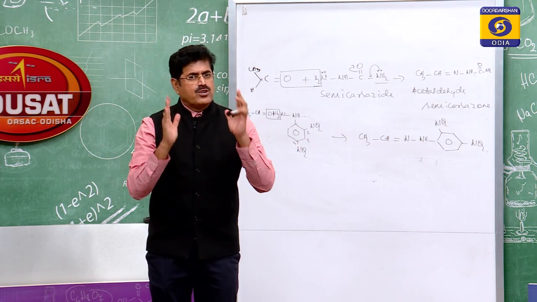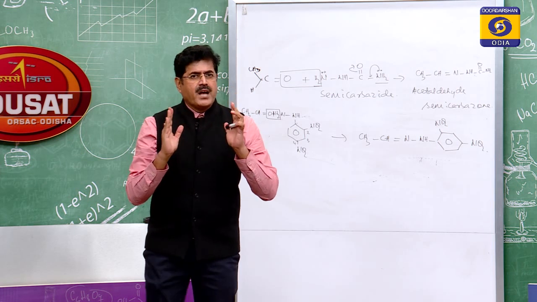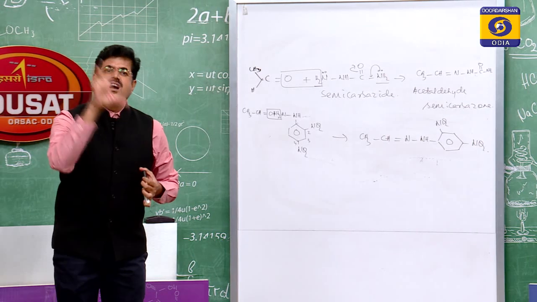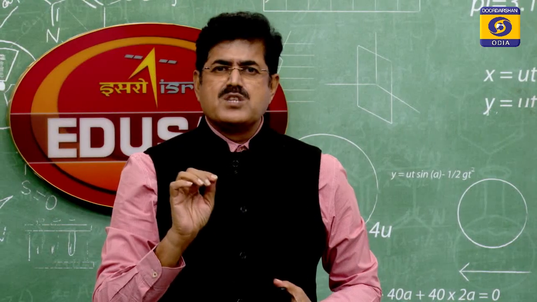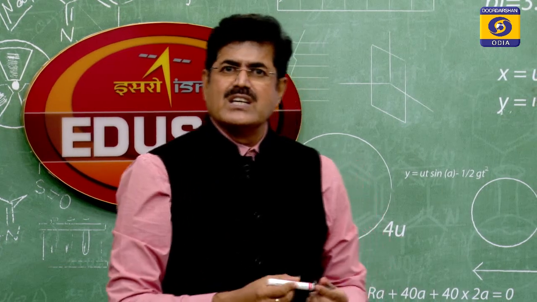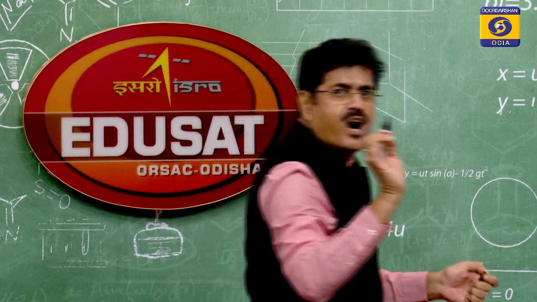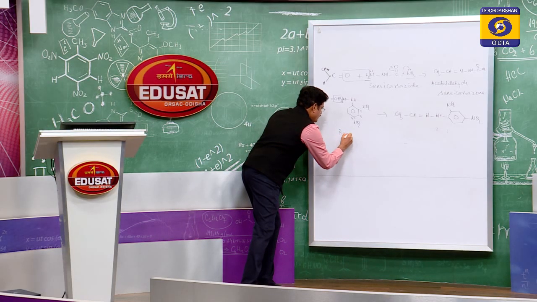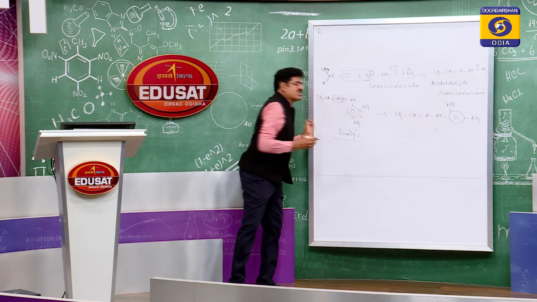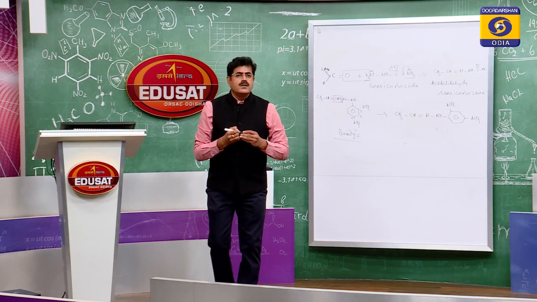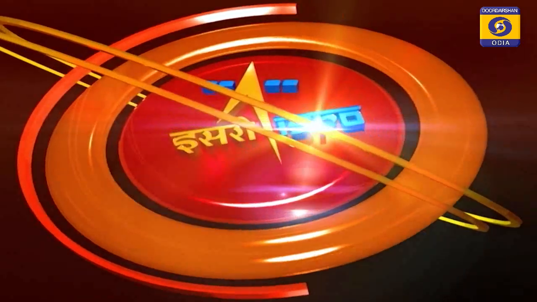The 2,4-dinitrophenylhydrazone is important because it is a colored solid. That is why this reagent, 2,4-dinitrophenylhydrazine, is also called Brady's reagent, and Brady's reagent is used for detection of carbonyl group.